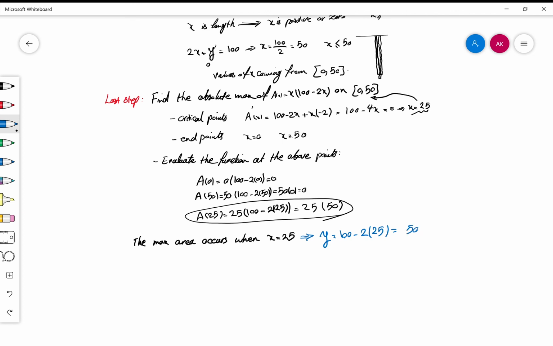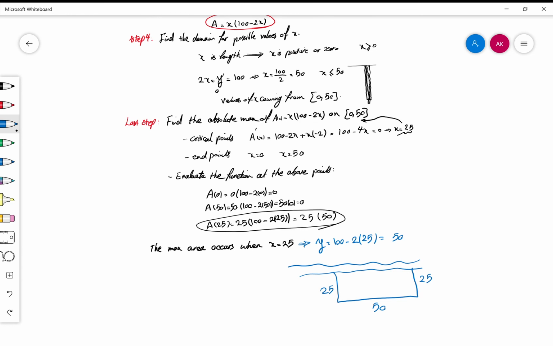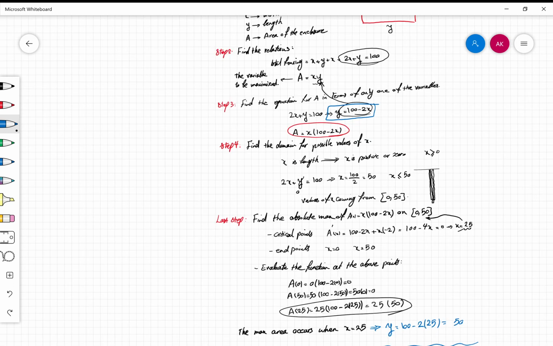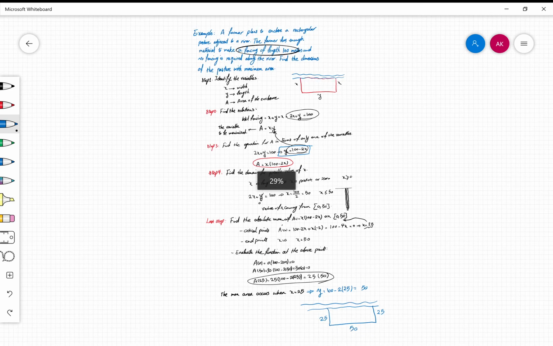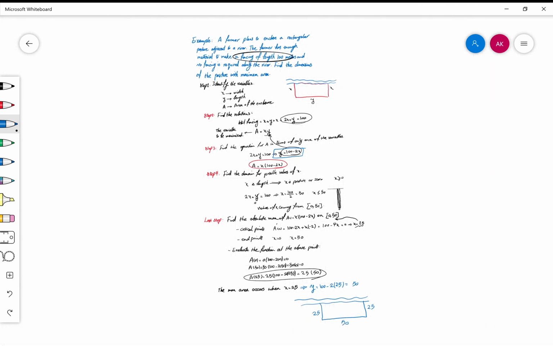So the dimensions at which the maximum area of the enclosure happens is when the width is 25 and the length is 50. Well, that brings us the final result. That's what we were looking for, the dimensions.